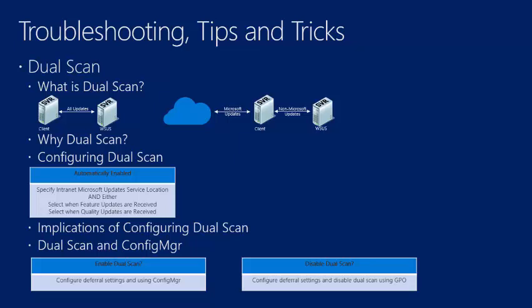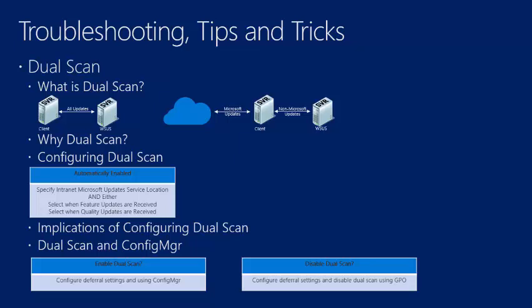But the impact, again, to ConfigMgr clients was pretty notable, right? In fact, if you ever see that you are not able to actually patch in bulk anymore, one of the things you should look for is whether dual scan somehow got turned on, right? Which is interesting, because then we talk about configuring dual scan. And if you look in Windows 10 1607, there is no specific setting that says enable dual scan, right?